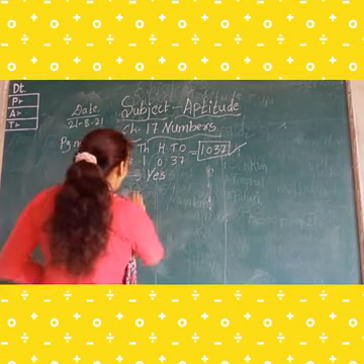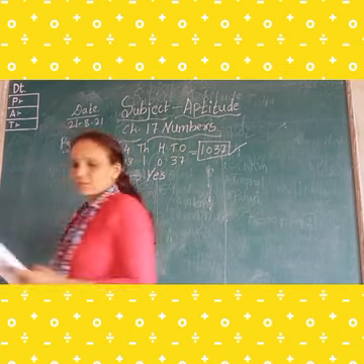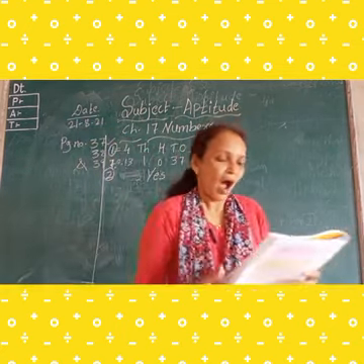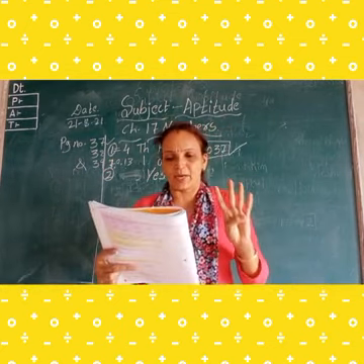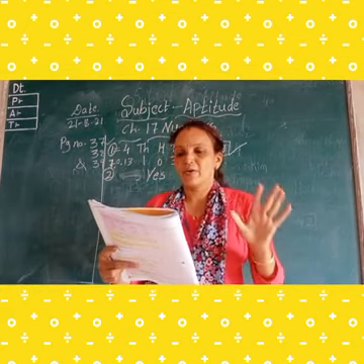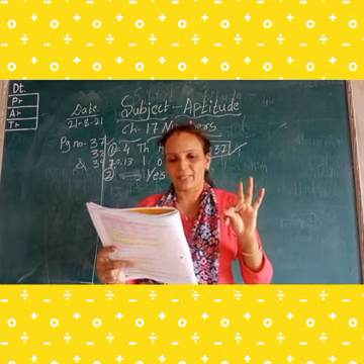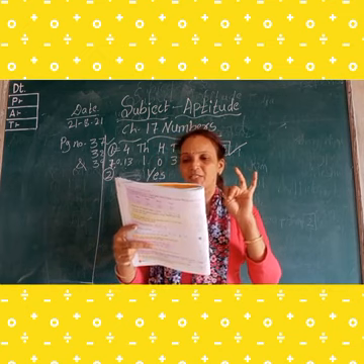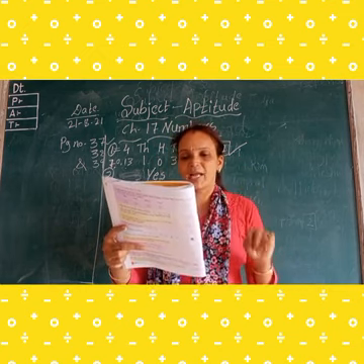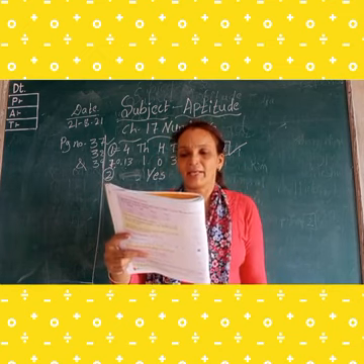Question number 3, we have to read now, students. I am the greatest 4-digit number made up of digits 5 and 0. My neighbor is the smallest 4-digit number made up of the same digits. Identify my neighbor.